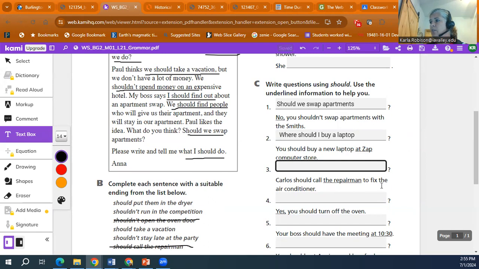Carlos should call the repairman to fix the air conditioner. So the key word that is underlined in the answer is the repairman, and that's a person. And it's not a yes or no question, so I know I need to start with a WH word, okay?